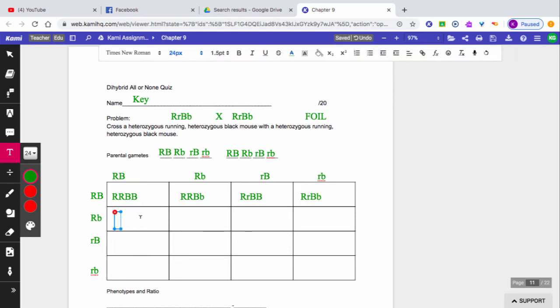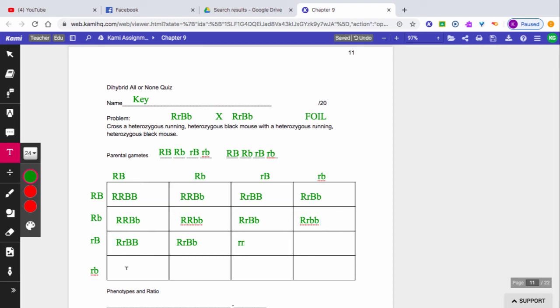So then I have homozygous at running, heterozygous at black, homozygous at running, homozygous at brown, heterozygous at running, heterozygous at black, heterozygous at running, homozygous at brown. All right. Getting the hang of this. Heterozygous at running, homozygous at black, heterozygous at running, heterozygous at black.